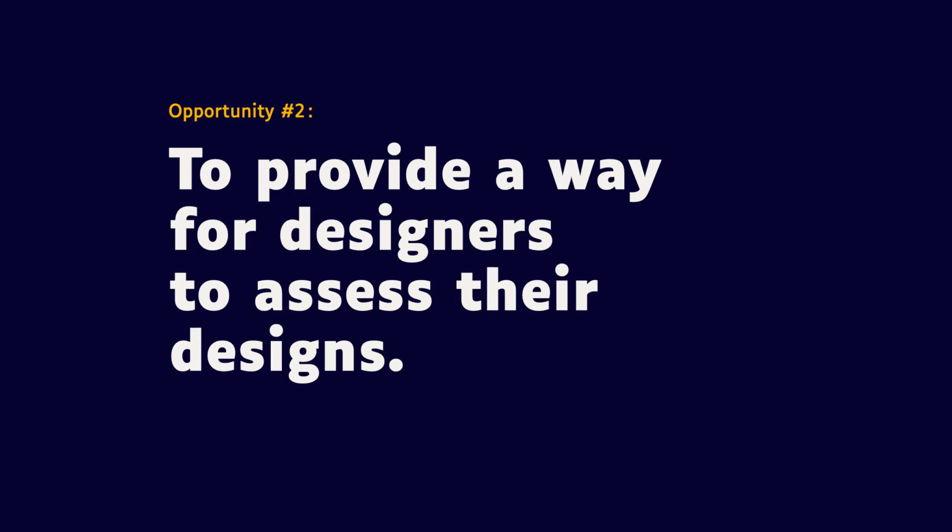Another way would be that it provides a way for designers to assess their designs. Automated tools to check accessibility are actually very limited in the design realm. In this case, checklists can provide guidance to perform manual checks and empower designers to solve accessibility issues or prevent them from happening at a later stage of the process.